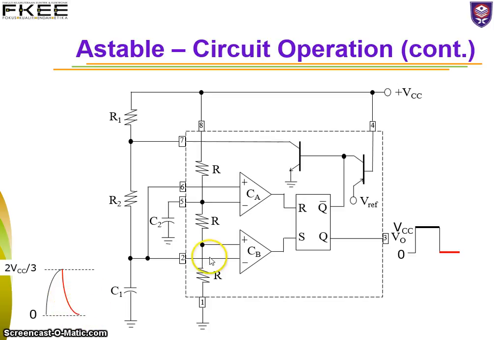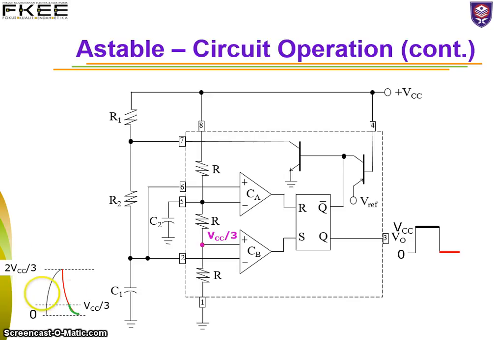But we know that at the lower comparator, the voltage across the capacitor will be compared with 1/3 of VCC, so it won't reach 0. This voltage across the capacitor is being compared with only 1/3 of VCC.